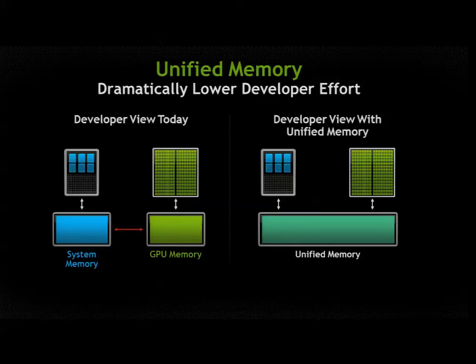With UVM, we pretend that this PCI Express bus does not exist. So it's a mechanism that helps you hide the PCI Express bus and allows you to access data from the GPU that actually sits on the host side and vice versa.